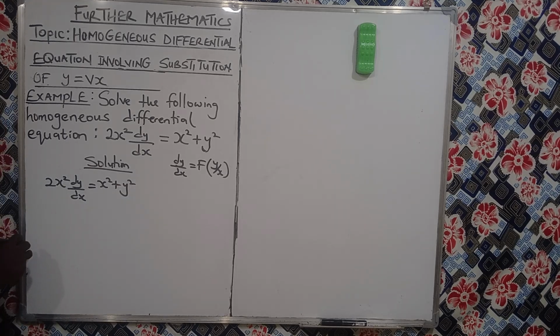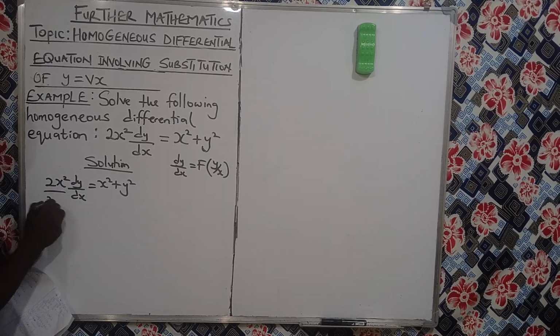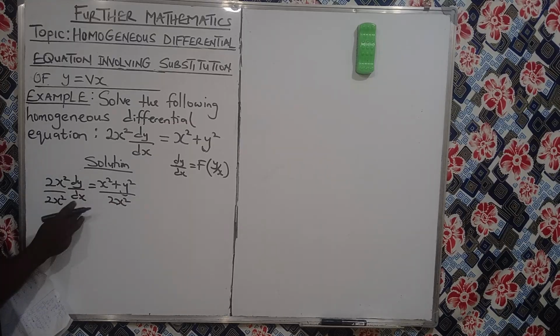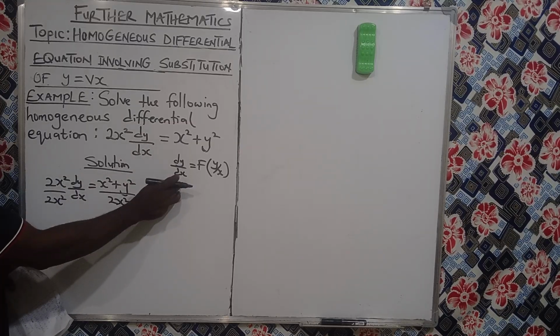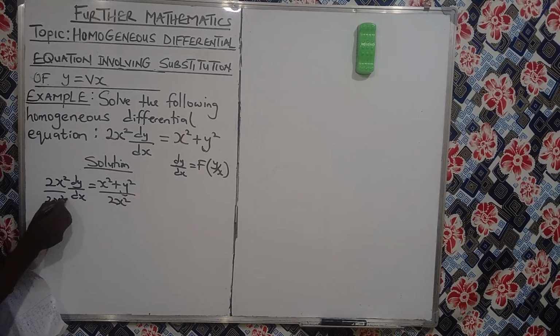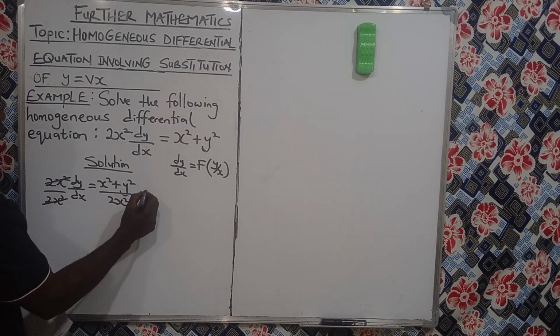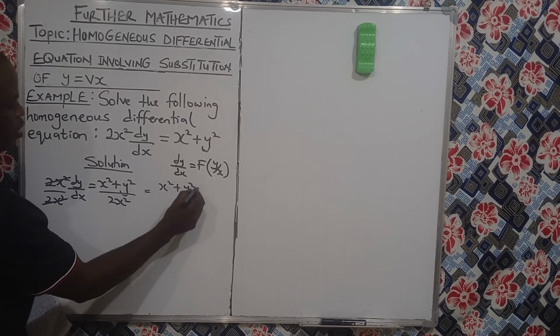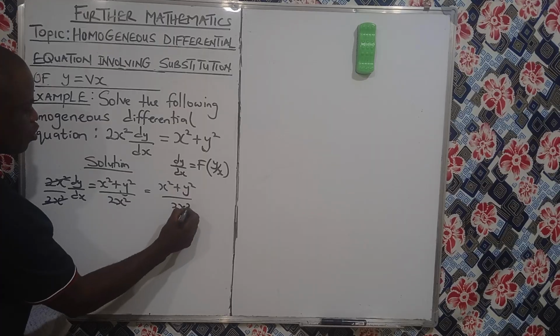Okay? Divide both sides by 2x squared. Let's make it to be in the form of dy over dx before we now look for the function in terms of y over x. Cancel out. Now it will be equal to x squared plus y squared over 2x squared.